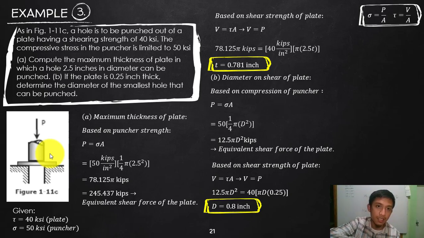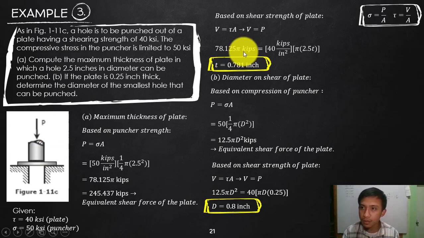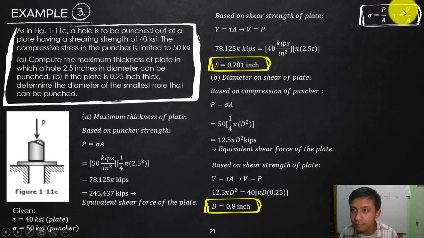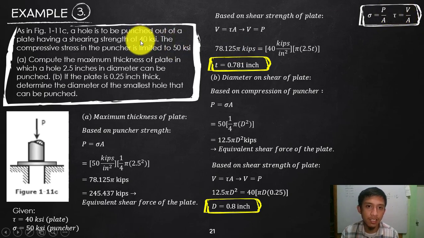If you look at the formula here, the smaller the area, the bigger the stress. And we only limit ourselves to 40 KSI. The other way around, I mean, we should not surpass that 40 KSI.